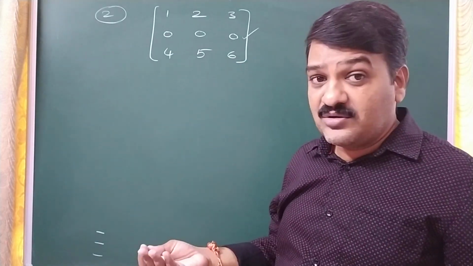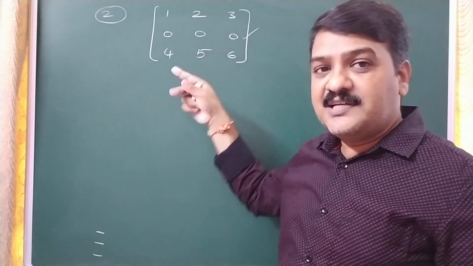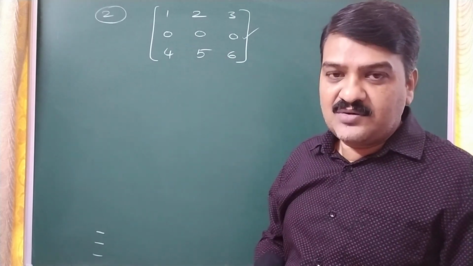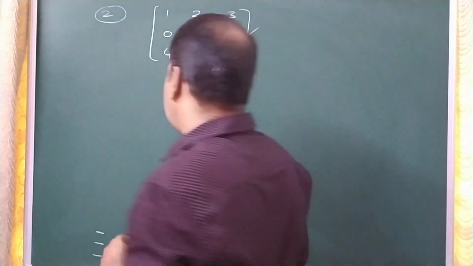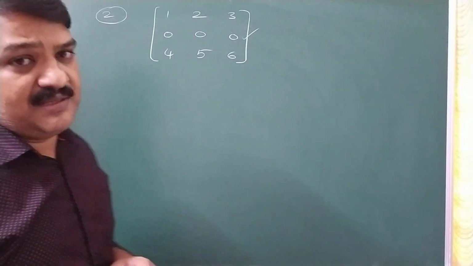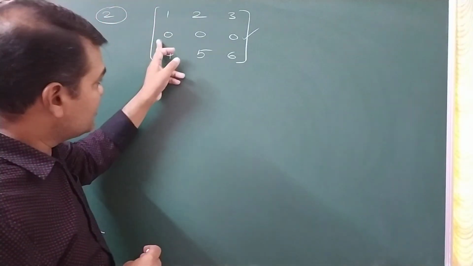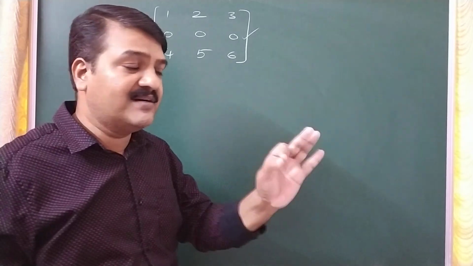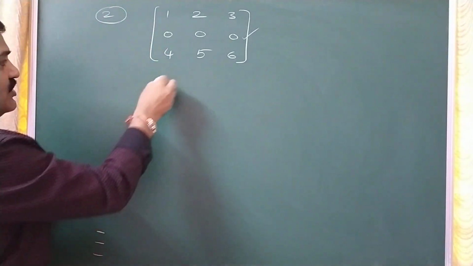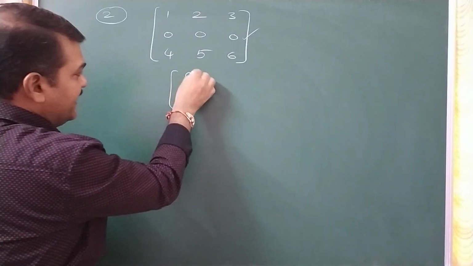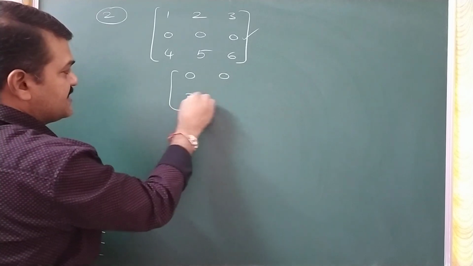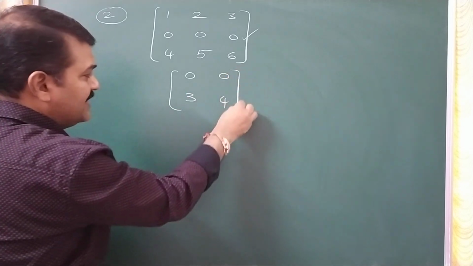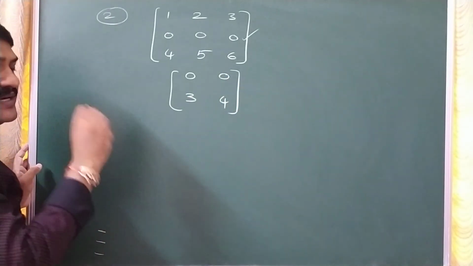I can use any row, no? Determinant will be 0 only. So what is the property you have to remember? If any row or column has all zeros, then the determinant is going to be 0. I will show that by taking a 2 by 2 matrix. You can easily recognize. See, this is the matrix.